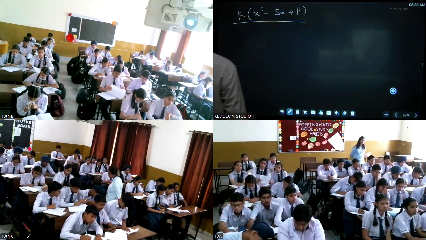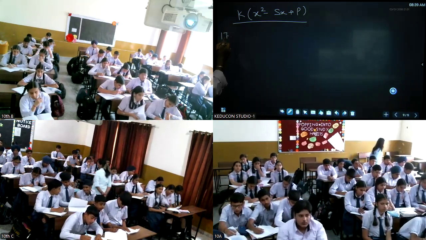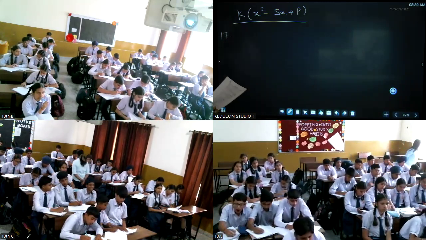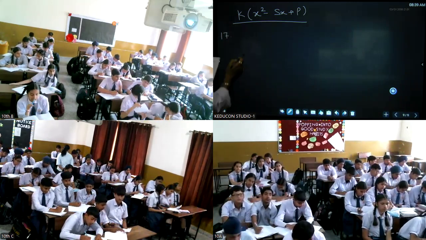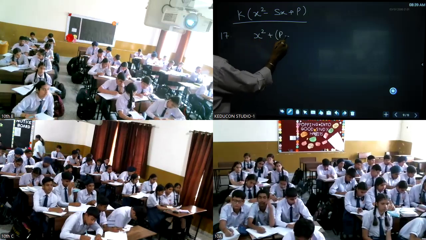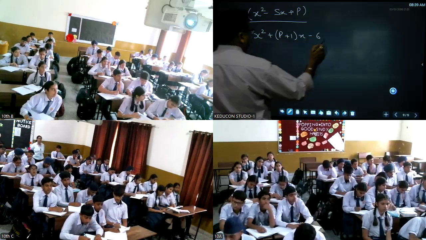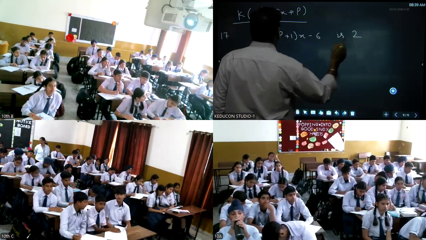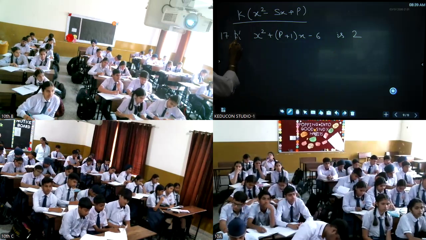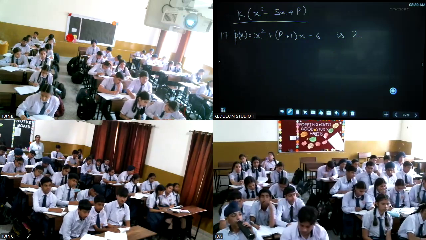So comes the 17th question. If 1 zero of the quadratic polynomial x square plus (p plus 1)x minus 6 is 2, find the value of p. P की value find out करनी है students. How to do this?